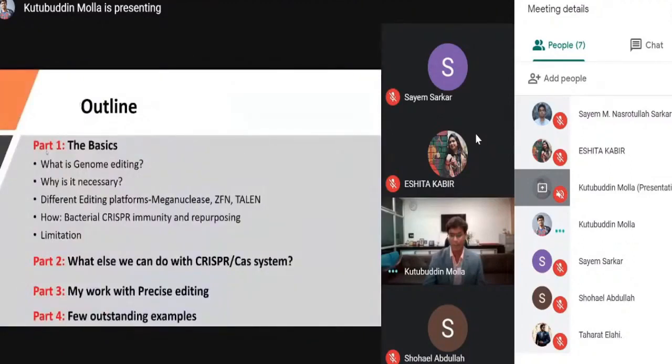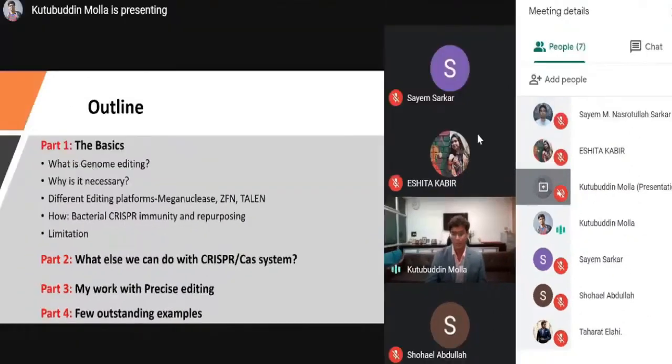In part one, I would mainly focus on basics, which is the main motto of this presentation: to bring the whole genome editing arena into your knowledge in a very simplified way. I would cover what genome editing is and why it is necessary.